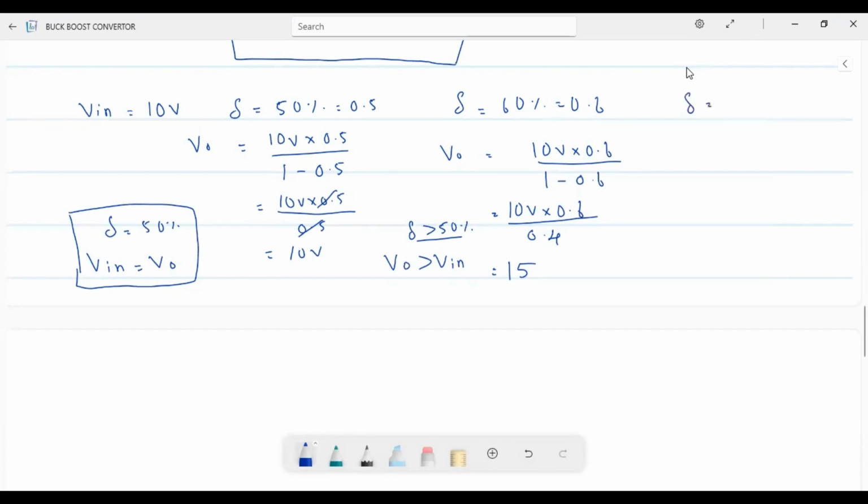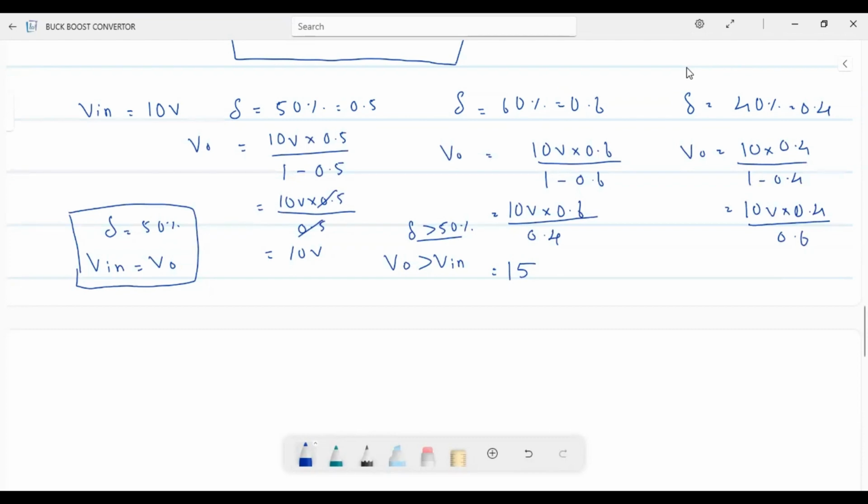Next, we will see duty cycle 40%. 40% means 0.4. So V out is equal to 10 into 0.4 by 1 minus 0.4. That is 10 volt into 0.4 by 0.6.